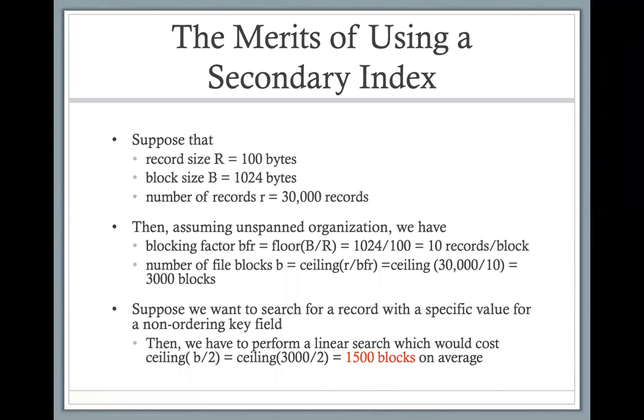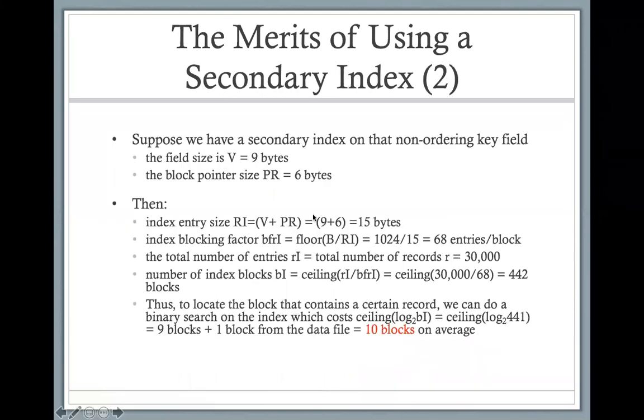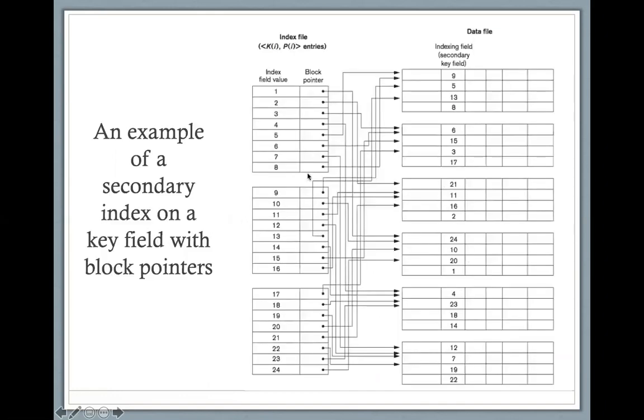Okay, with the index, assume that the field size is 9 bytes and the block pointer is 6 bytes. Then the index entry in total is 15 bytes. The index blocking factor is 68 entries: 1024, the size of the block, divided by 15 bytes, is 68 entries. Meaning I can store 68 of these entries in one block, compared to 10 records per block.